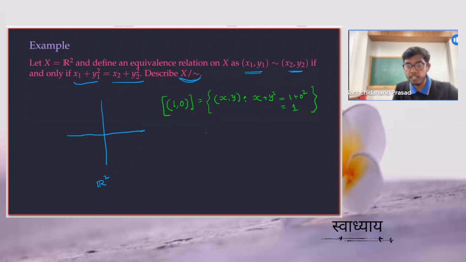And what is this? This is a parabola, x equals 1 minus y squared. If I put x equal to 0, I'll be getting y at plus or minus 1. So that's the parabola I'll be getting.